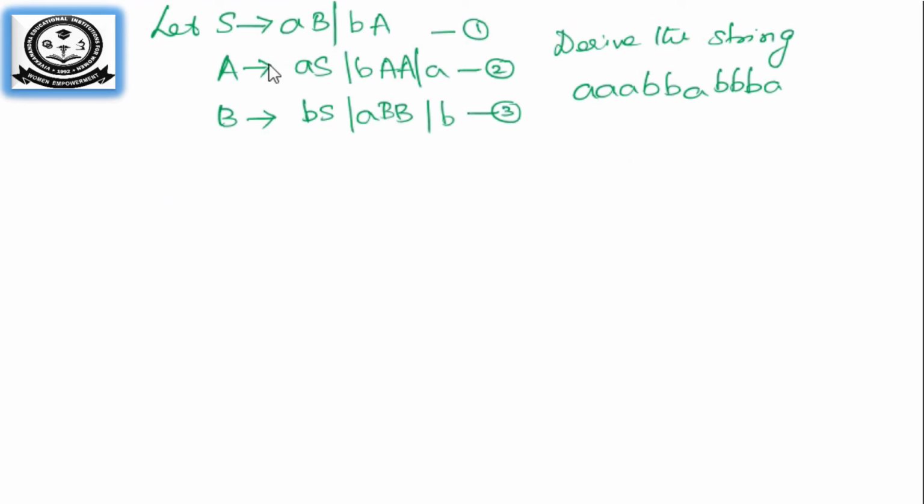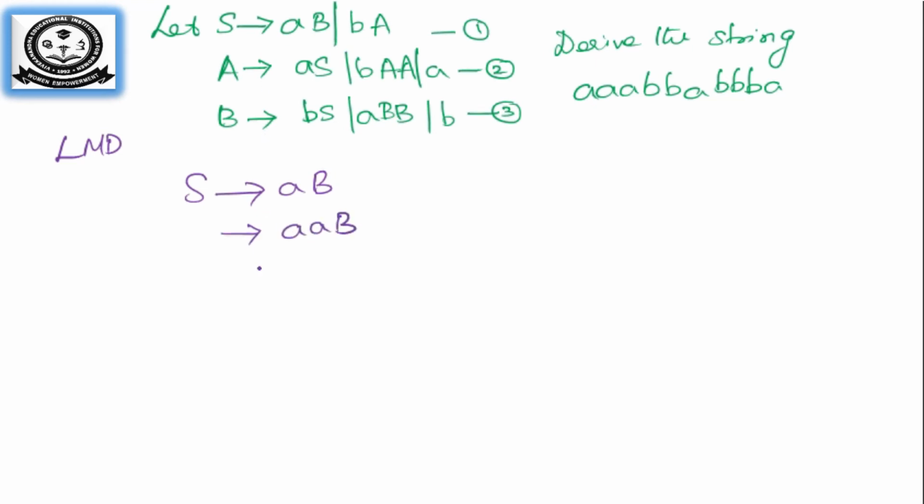Now we'll have another example. This is the grammar and you have to find whether the string is derived. It is not specified as LMD or RMD; you can choose any method. I am going to use LMD. We'll start with S, then AB. I need 3 A's, so I will repeat the same rule again and again for 3 A's.